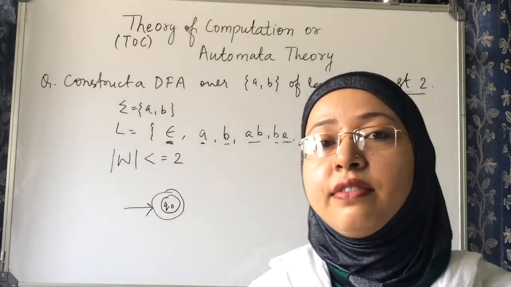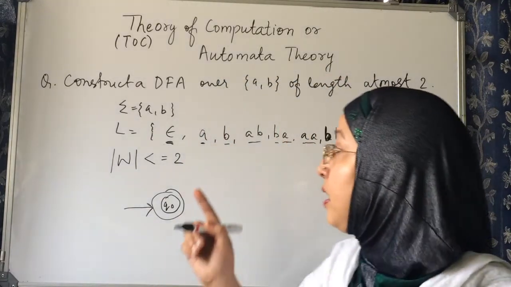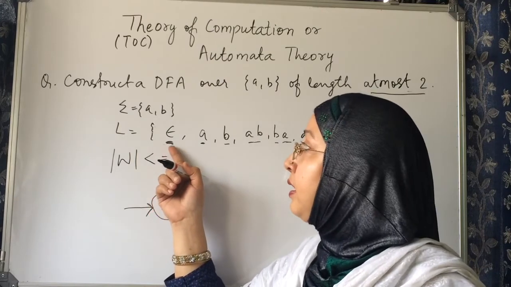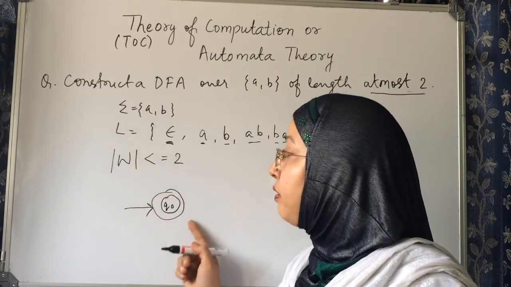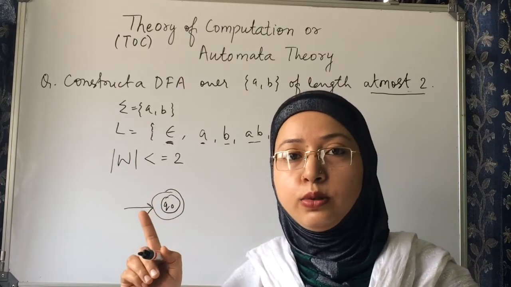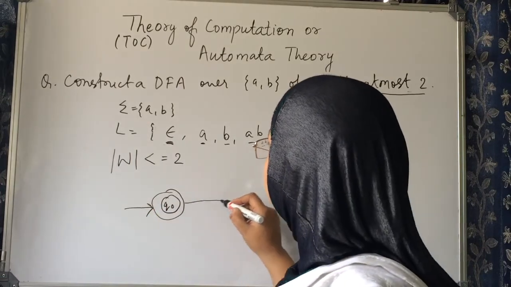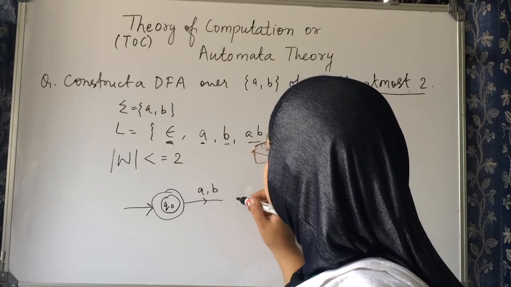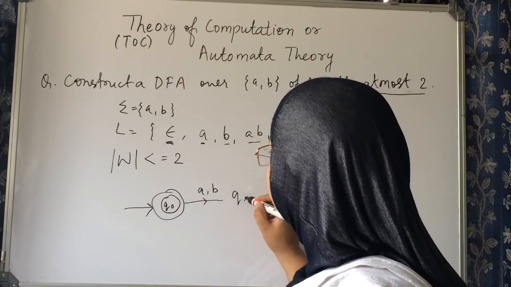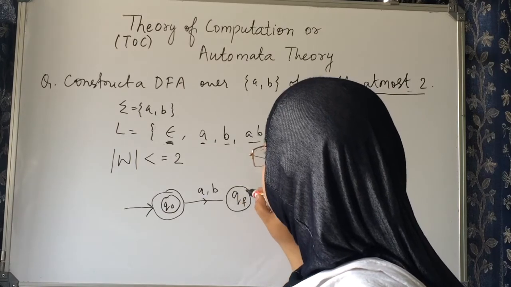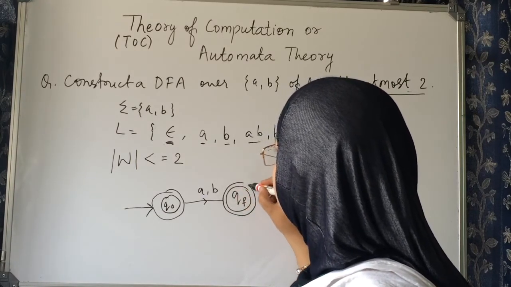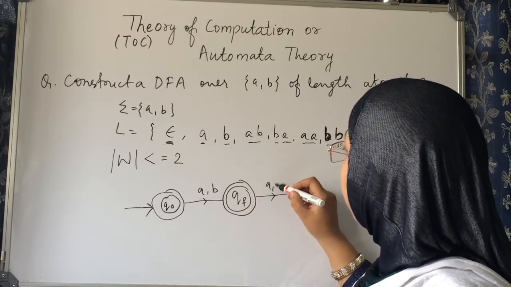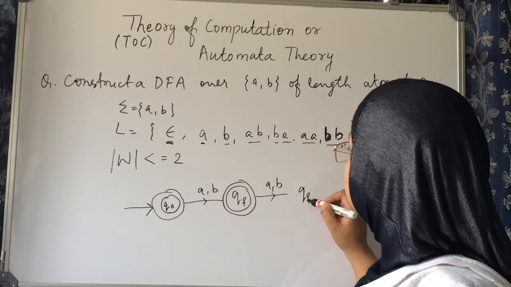Whenever it accepts the null string also, meaning without accepting anything it has to reach the final state, then you have to make the initial state a final state also. Now, for accepting A or B, you have to write A comma B. Then also it reaches the final state. So make a final state here also. And for accepting two symbols also, A comma B, you have to make a final state.